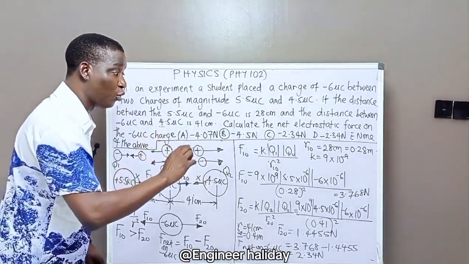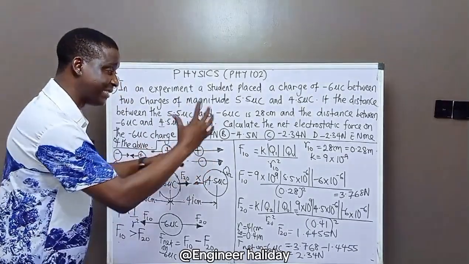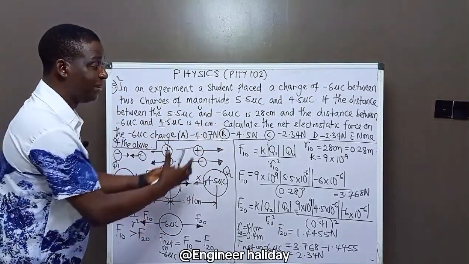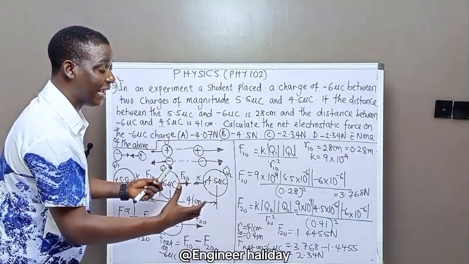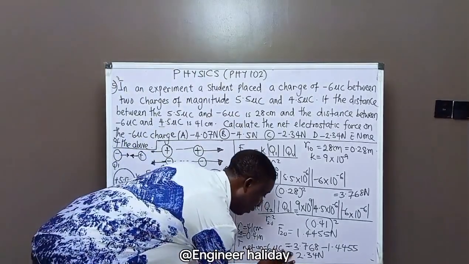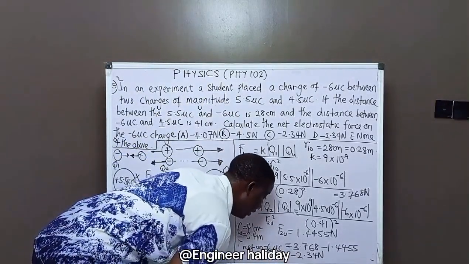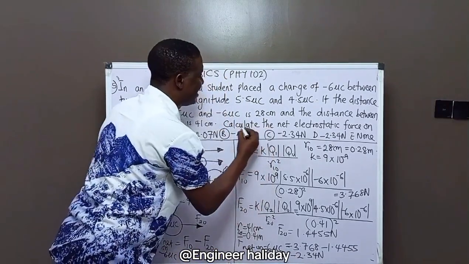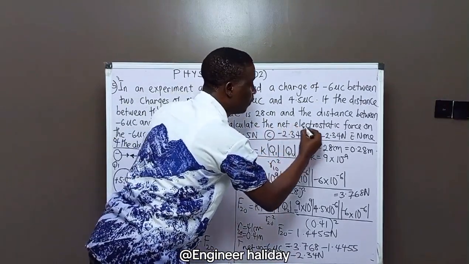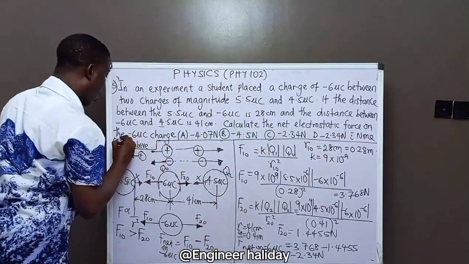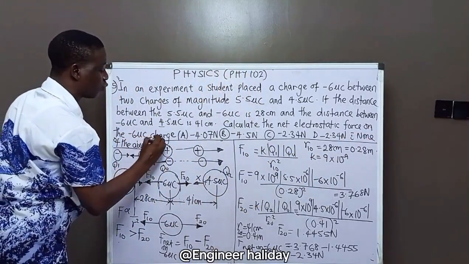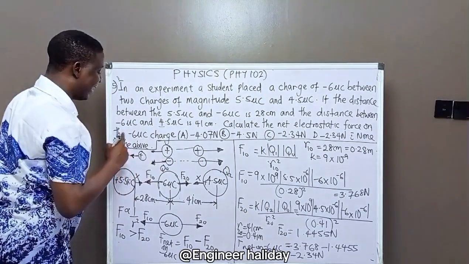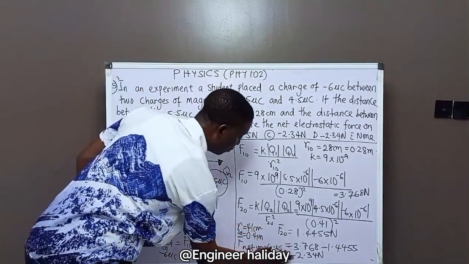So anytime you solve and you notice that the system is dominated by the attractive force, our answer will carry minus, except they ask you to calculate the magnitude of the electrostatic force on the minus 6 microcoulomb, then our answer will just be the value.